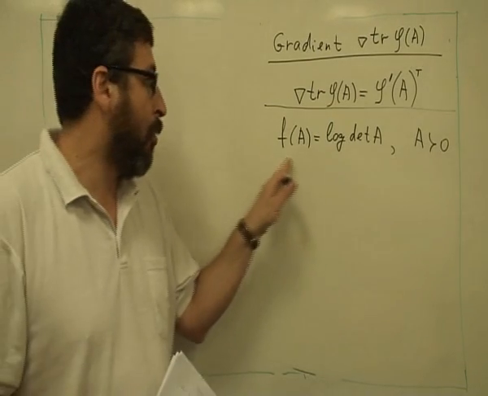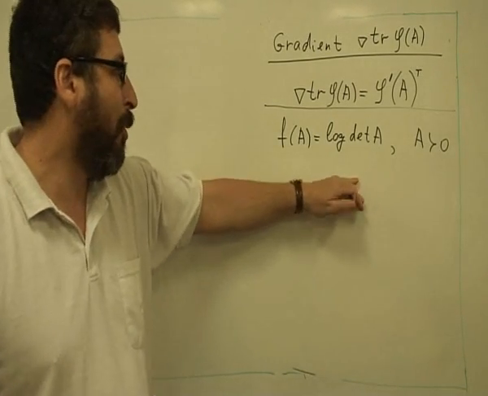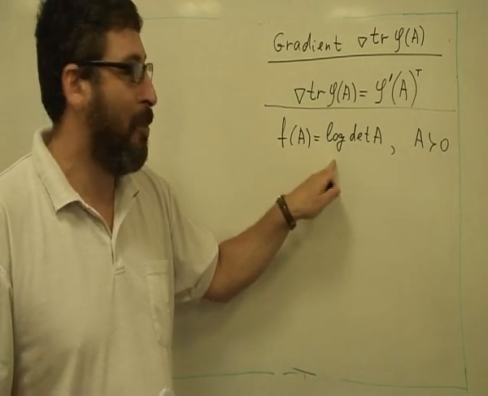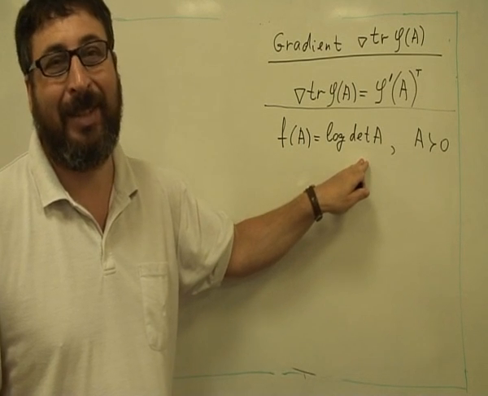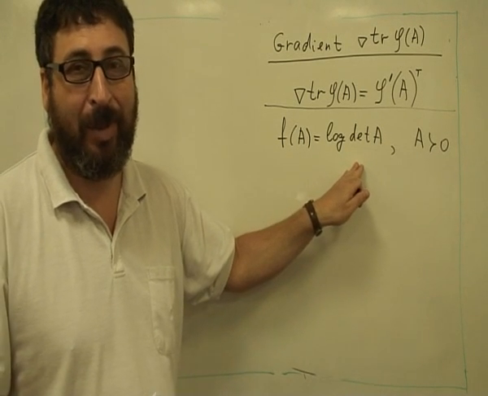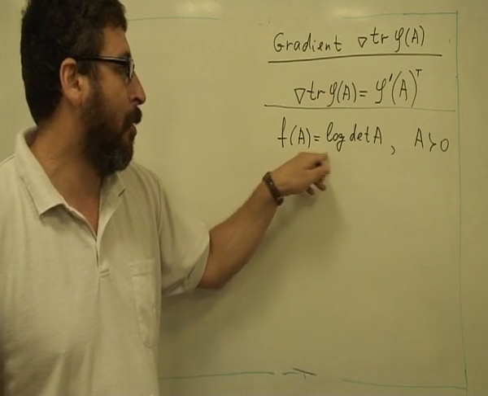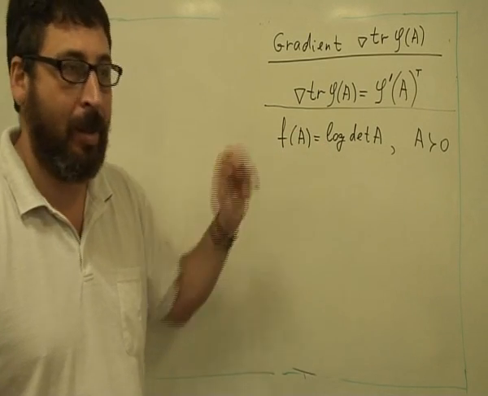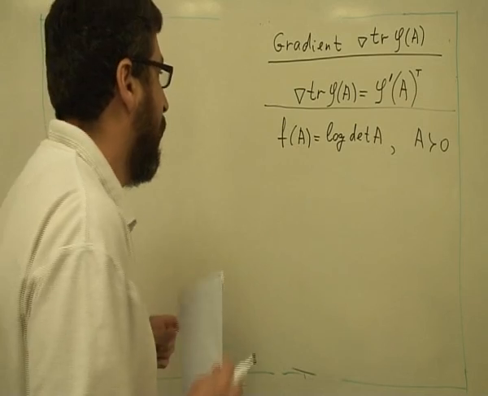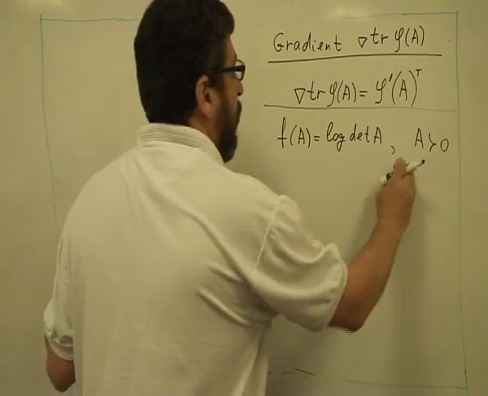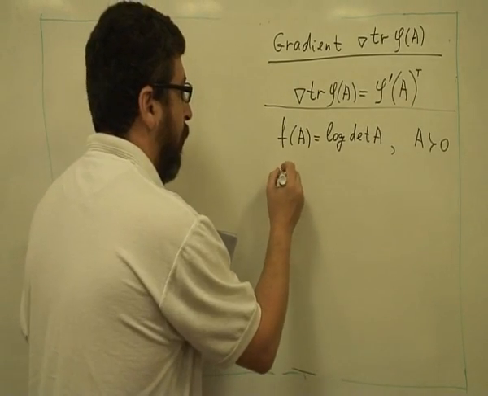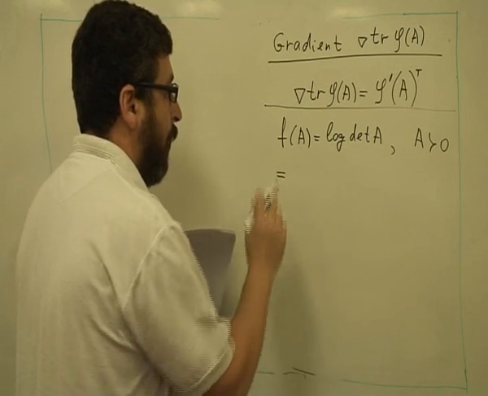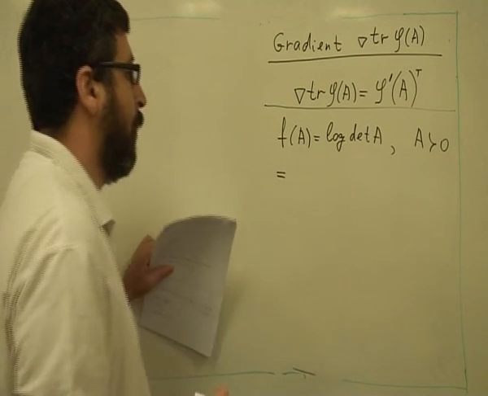Now we are ready to get back to our main goal, to compute the gradient of the barrier for semi-definite program, log det A. I skip the minus here. So here is our function of a matrix. Okay, a scalar function, put attention.